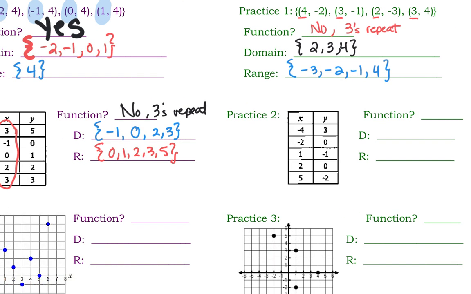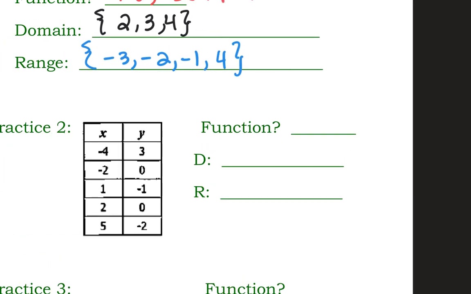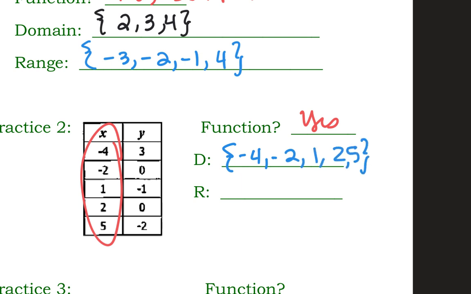All right. Ileana, was this one a function? Yes or no? Yes. All right. Marilena, what was our domain? -4, -2, 1, 2, 5. All right, Isaiah, what's our range? The next one.